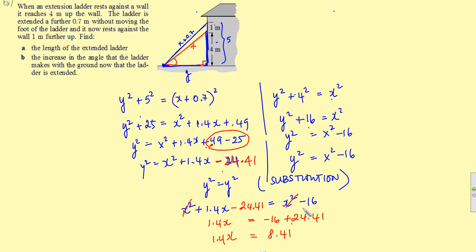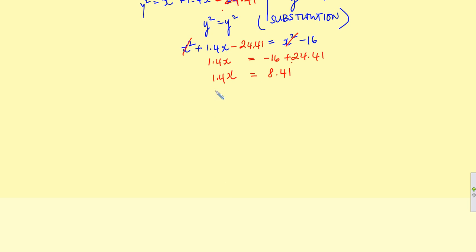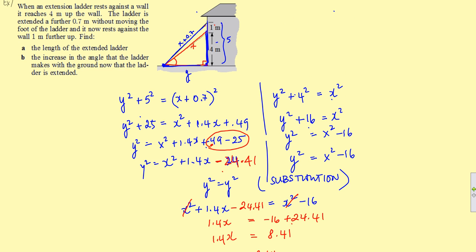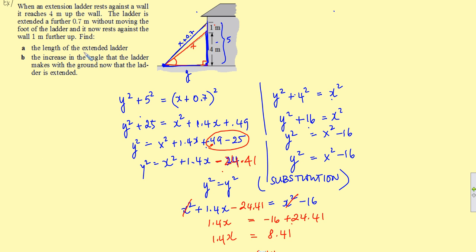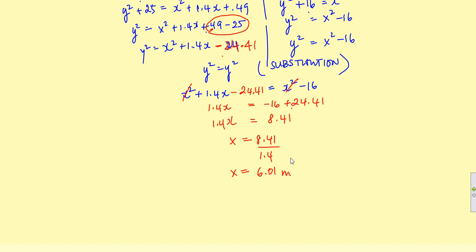And now when I divide that by 1.4, so I have x equaling 8.41 divided by 1.4, I end up getting 6.01. X equaling 6.01 rounded to three significant figures, and that would be meters. So we know that the value of x, the not extended ladder, because remember, x is the not extended ladder, is going to be 6.01.